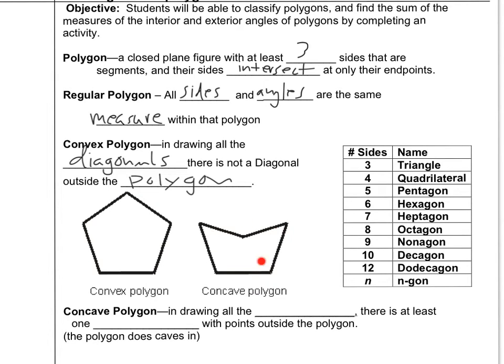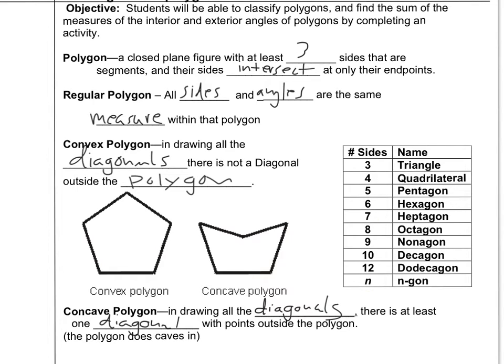However, here, the concave polygon, you could draw a diagonal from one corner to the other, and that line exists outside of the polygon. That's what makes this concave. So a concave polygon, drawing all the diagonals, has at least one diagonal with points outside the polygon.